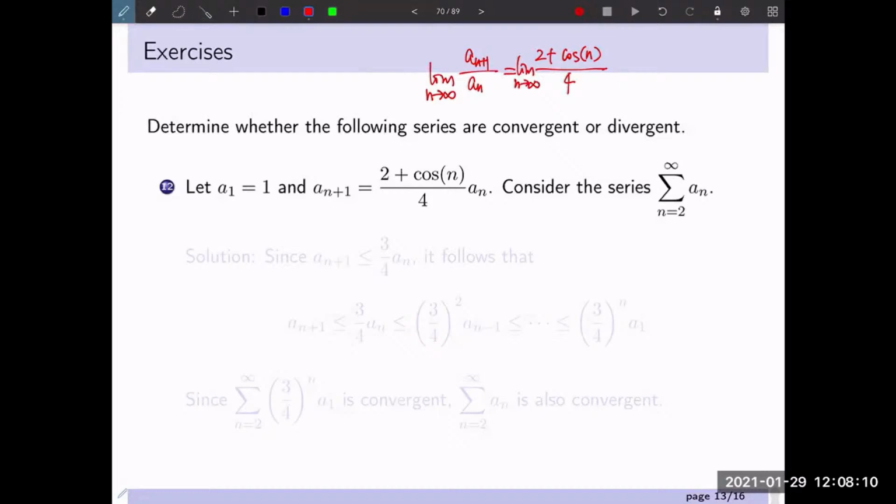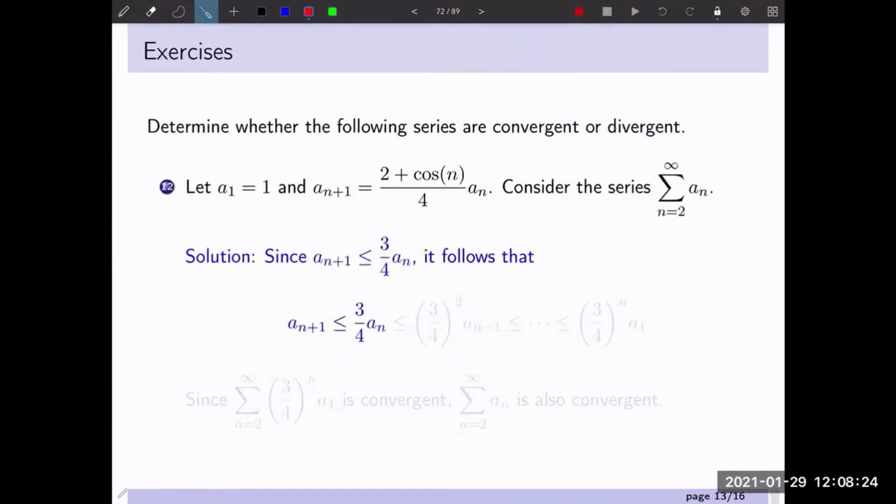But the limit not existing doesn't mean the ratio test doesn't work, because you still see that this is a number smaller than 1, right? So you could use this argument. You use a comparison test. This is always smaller than 3 in the upper side, so it's always smaller than 3 over 4.